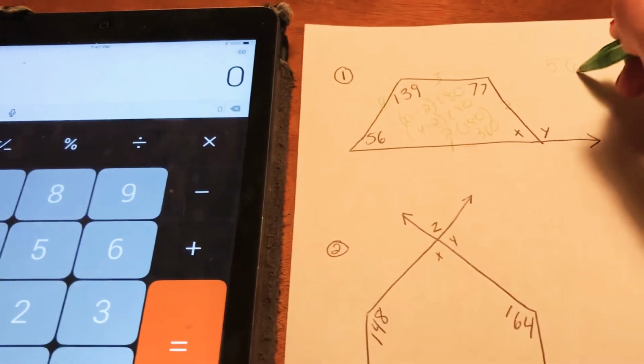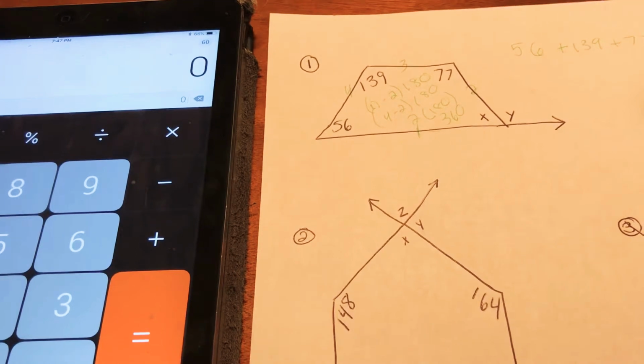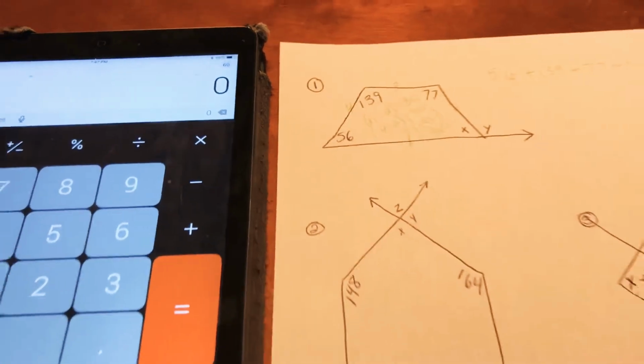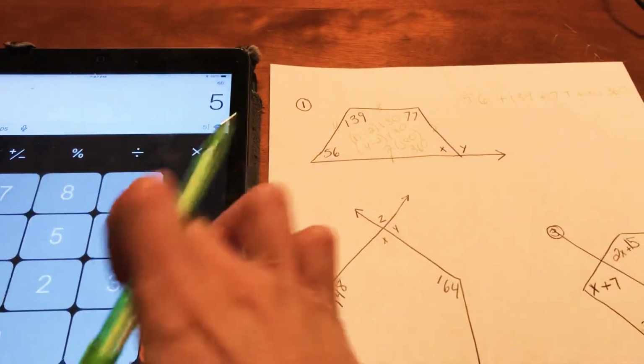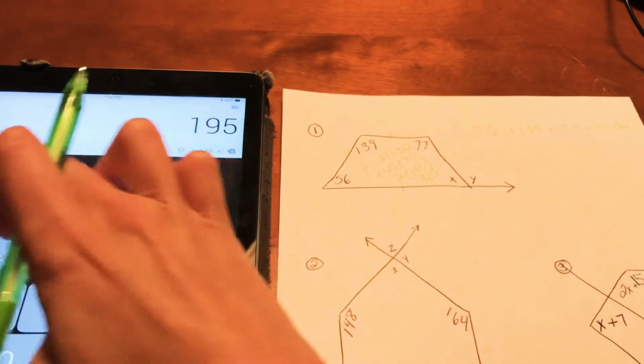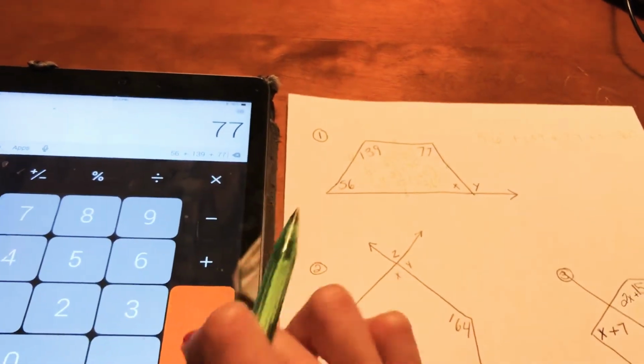So I'm going to add up my angles. So I have 56 plus 139 plus 77 plus x has to equal 360. And when I do that on the calculator, 56 plus 139 plus 77 gives me 272.